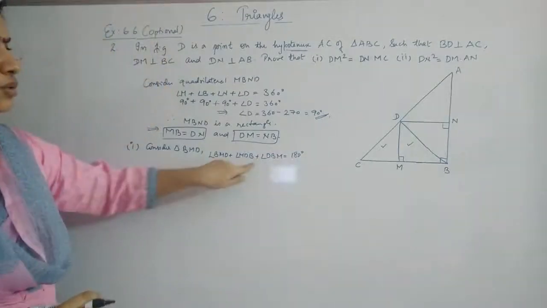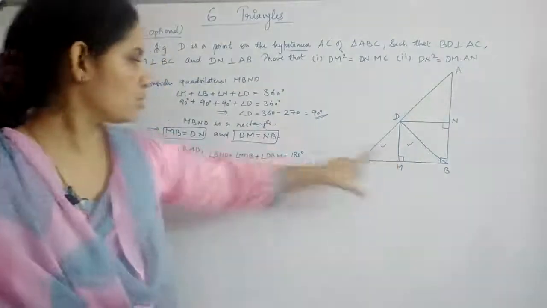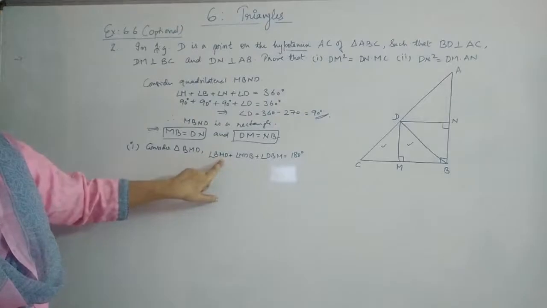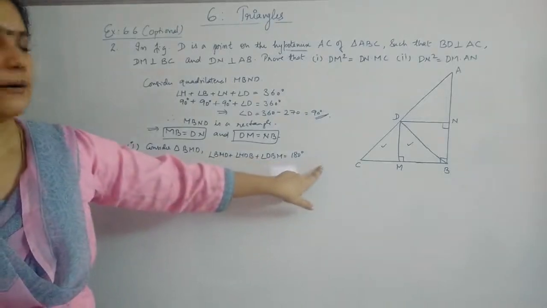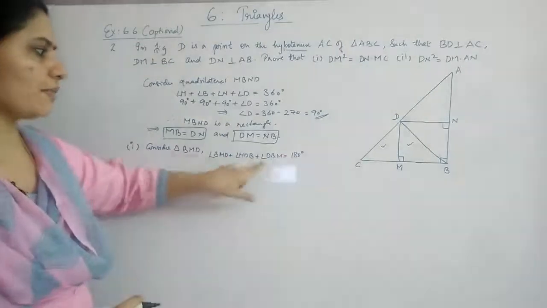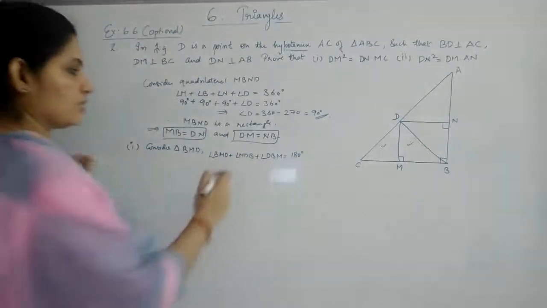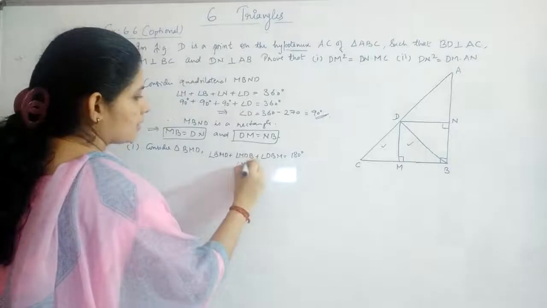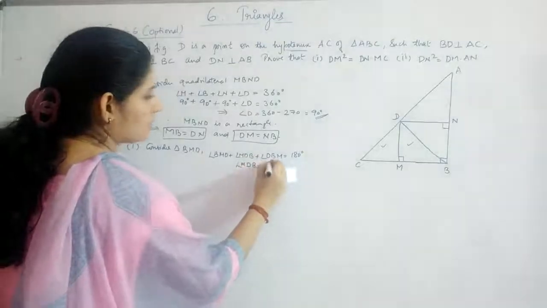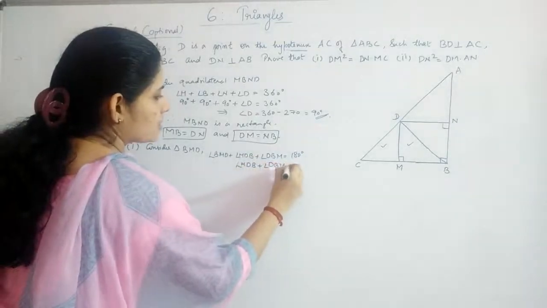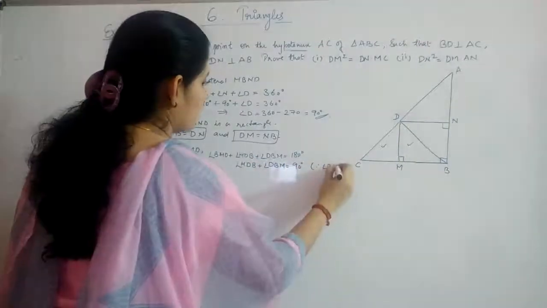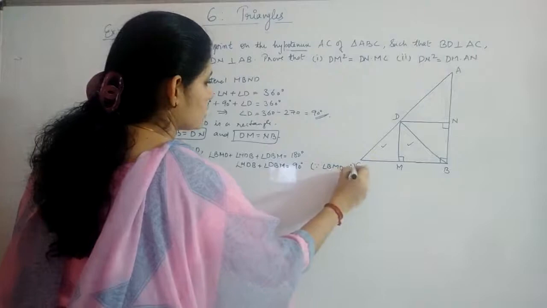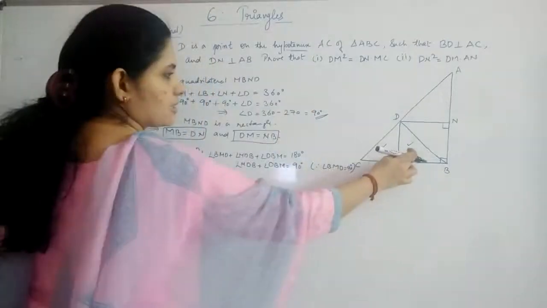And which angle you know to be 90 degree? This one. So we are just replacing it to be 90 degree, so that we will get this angle plus this angle equal to 180 minus 90, or these two sum will give you 90. Okay, so you'll get angle MDB plus angle DBM is equal to 90 degree. Why? Since angle BMD is equal to 90 degree, which is given in the question itself, in the figure itself.